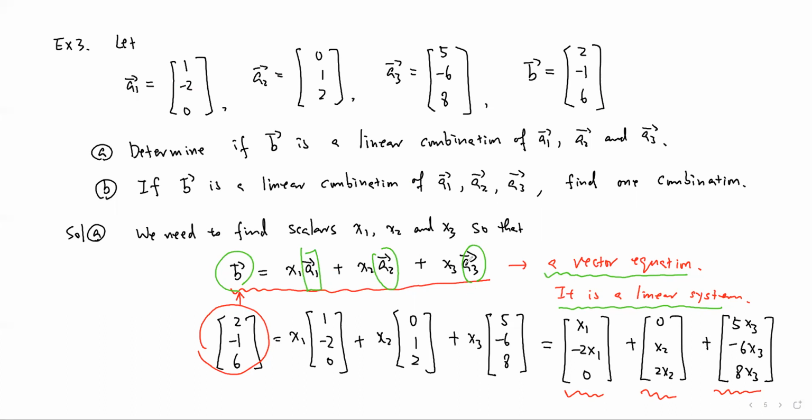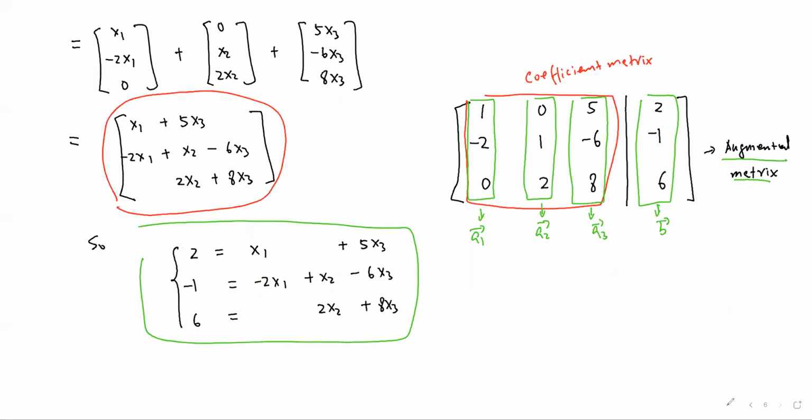The third column of the augmented matrix is A3, the coefficient of x3. The right hand side turns out to be vector B. Now let me solve the linear system. Reduce the augmented matrix to echelon form.